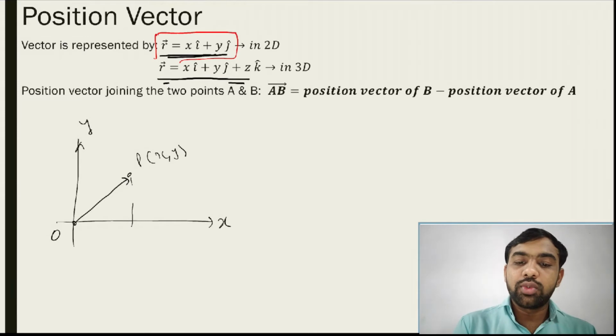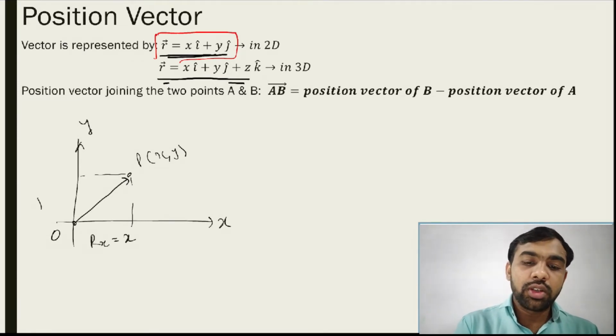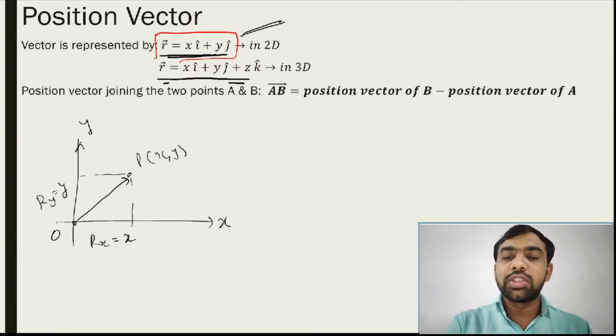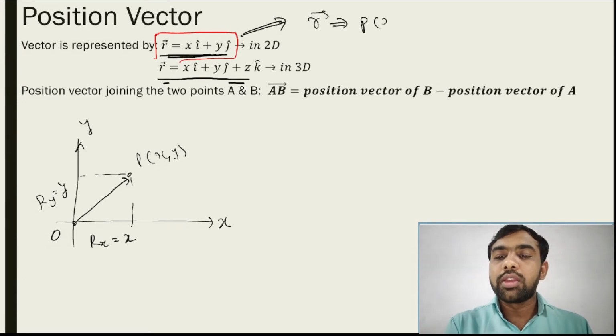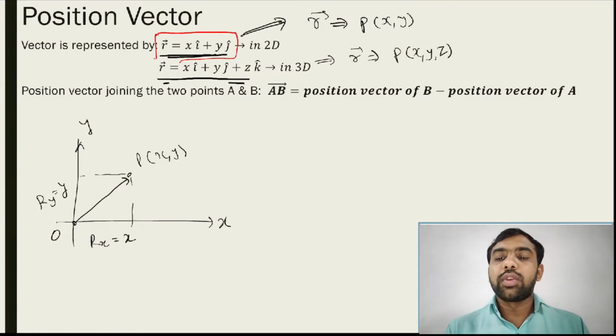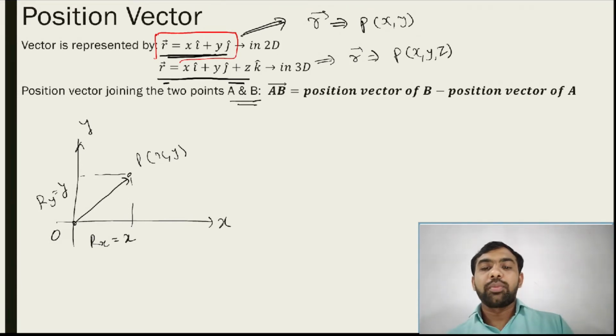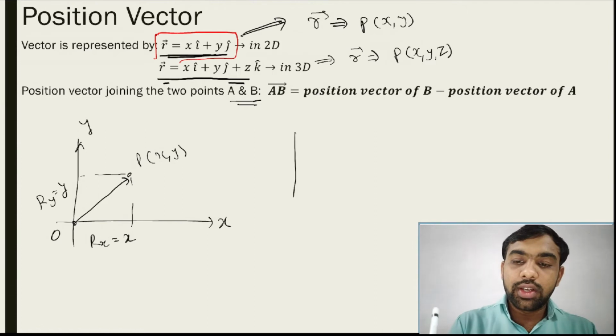So the x component rx is equal to x, and the y component ry is equal to y. Then the position vector is represented like this. r is P(x, y), and here r is P(x, y, z).